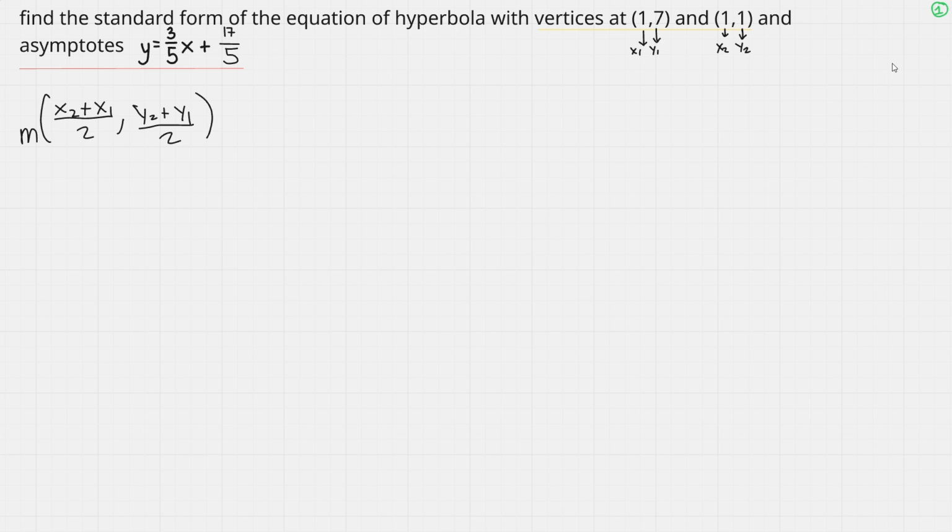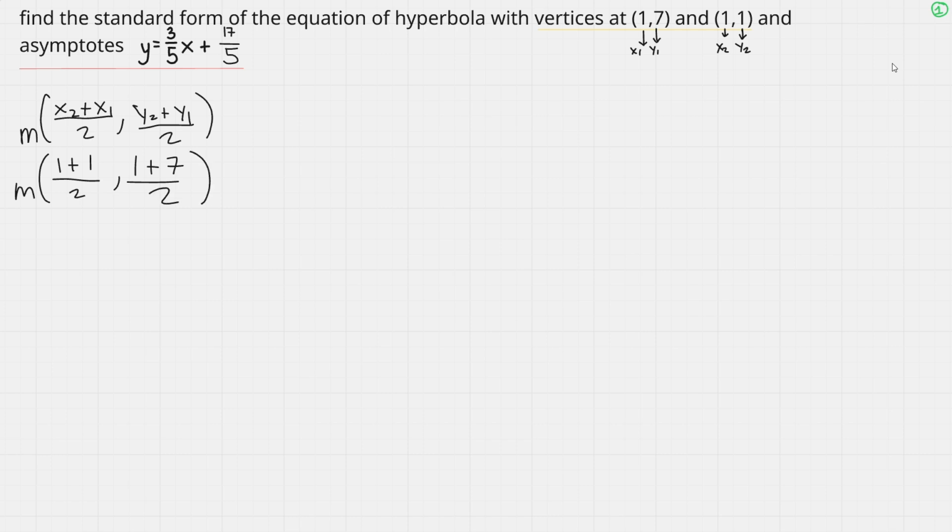Now, let's substitute everything. We have our x sub 2, 1, our x sub 1, we have 1 as well, over 2, comma, our y sub 2, we have 1, plus our y sub 1, we have 7, over 2.